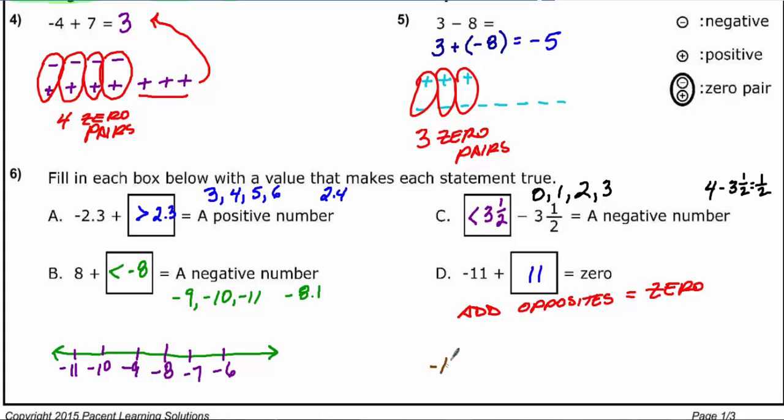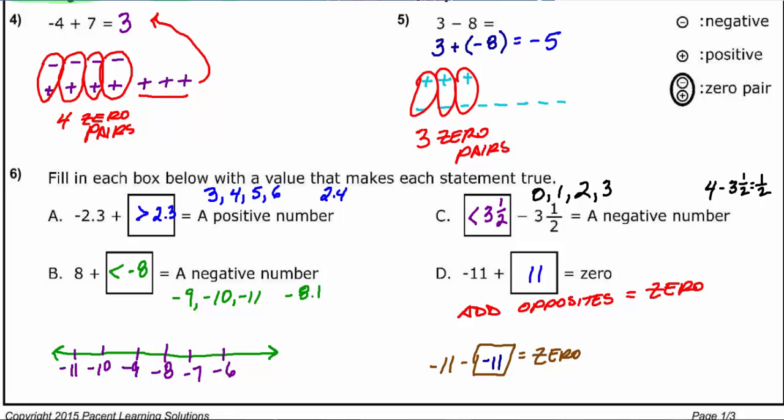If you had negative 11 minus what to equal 0, well, when you're subtracting, you have to take away the same thing that you have. So if it's subtraction, it's the number minus itself to make 0. But if it's addition, it's the number plus its opposite to get 0.